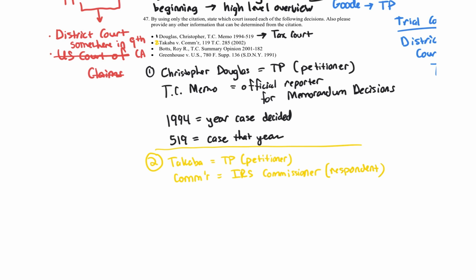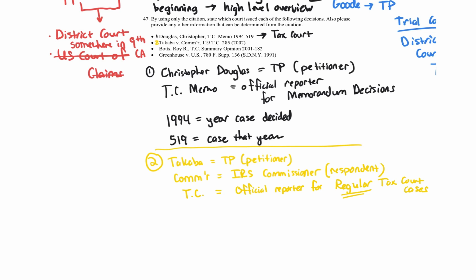So next, we've got the TC. I always go to that next because it helps us understand the reporter. The TC is the official reporter for regular tax court cases. Regular is key, which means the regular case is more authoritative than the first case that we saw with the TC memo. Even though the TC memo is binding, this one's also binding, but it's more authoritative.